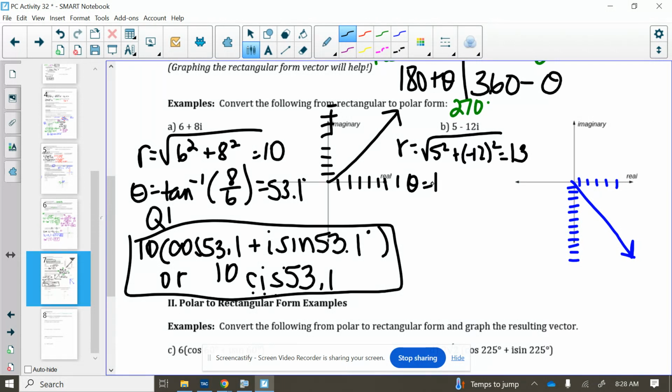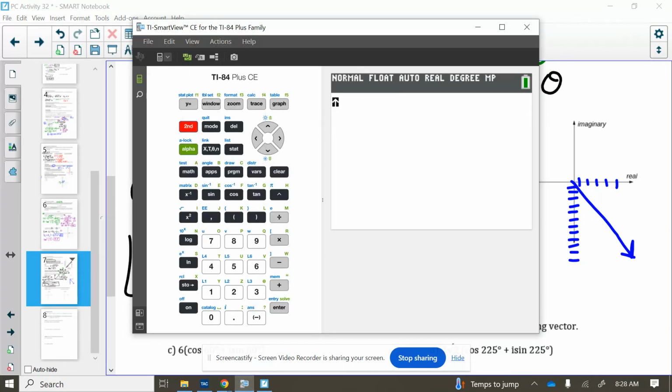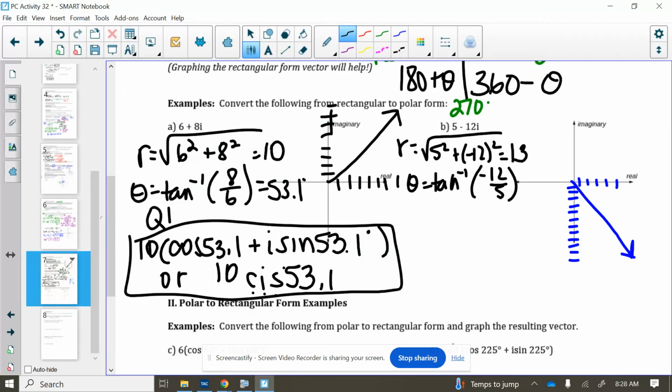And our theta value will be found by taking tan inverse of negative 12 over 5, which is about negative 67.4. Now we know again that this needs to be a quadrant 4 value.